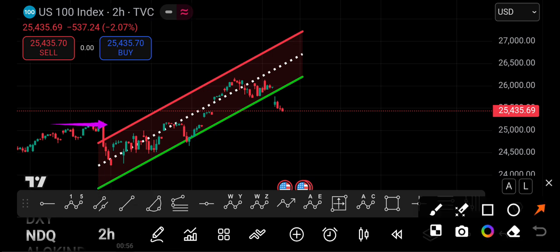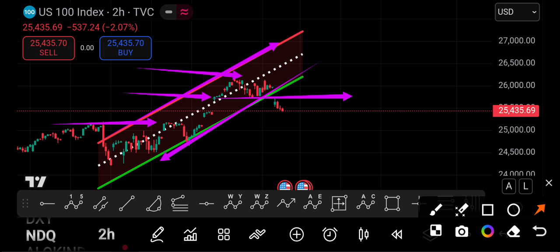You can see the first higher high triggered over here, the second higher high here, and the third higher high here. As soon as this upward sloping parallel channel broke down on the downside, for the first time its higher highs sequence shifted to lower lows, and that is a confirmation that the index is officially under correction.